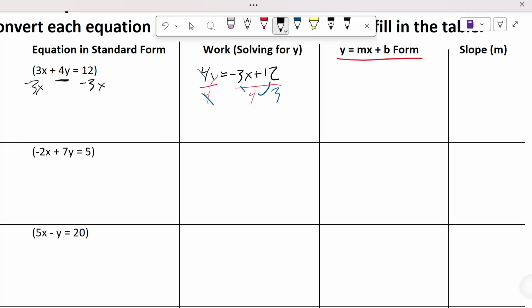And what that'll look like is you'll get y equals negative 3/4 x plus 3. Because again, 4 divides 12 3 times. And these don't divide, so we'll just turn into a fraction, and those cancel out in the y.